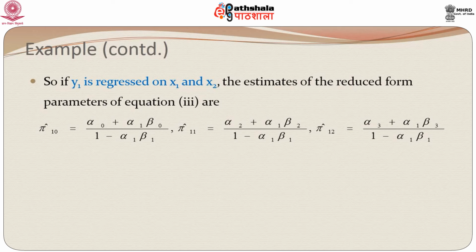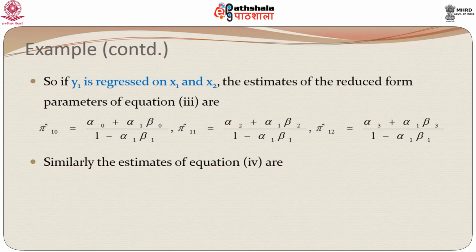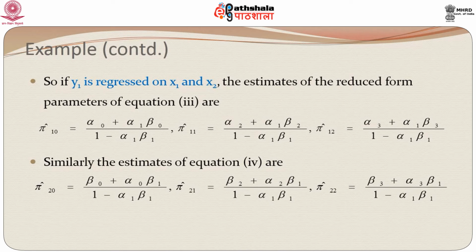Similarly, if you look at equation 4 and run a regression of y2 on x1 and x2, then we get the intercept pi 2 0 hat, the first slope as pi 2 1 hat and the slope of x2 as pi 2 2 hat. So, we get those two sets of equations.